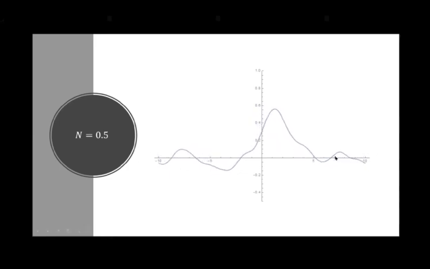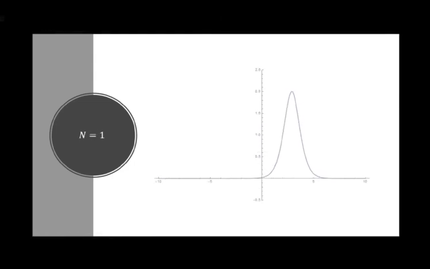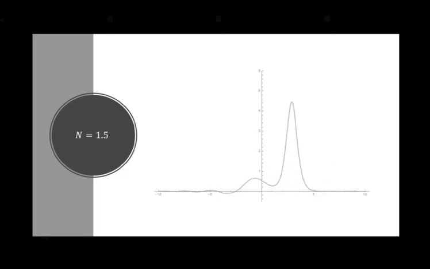So if we take the n value 0.5, then the ratio of x to y comes like this. And now if we take n to the power and the value of n as 1, then it replicates to 2 on the y-axis. On the x-axis it remains at minus 10 to minus 5. You see here for n equal to 1.5.